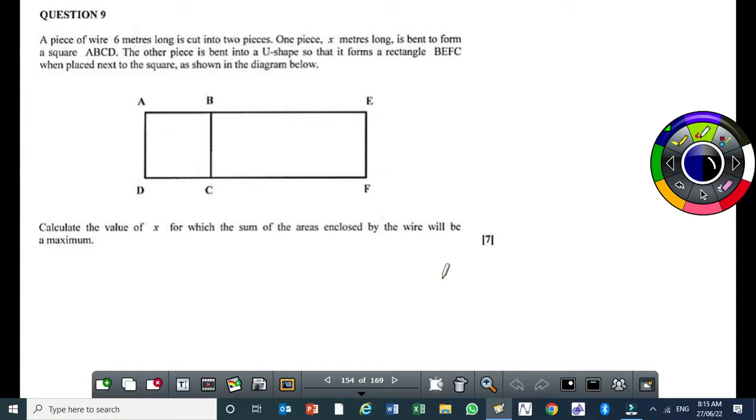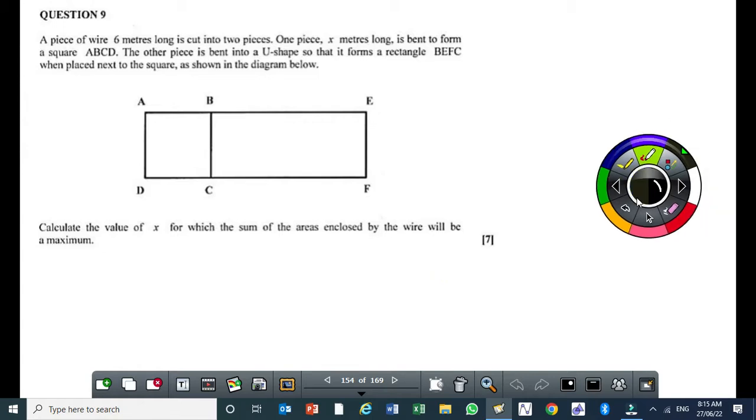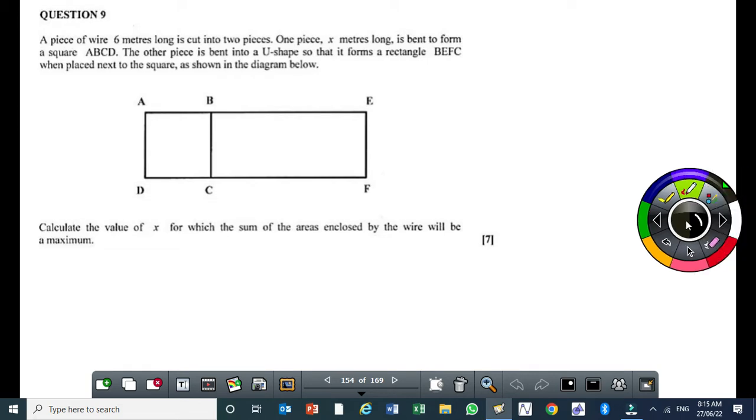So in this question, you are given a piece of wire which is 6 meters long, and it is cut into two pieces. Okay, so we've got a scenario like, let's say you've got a piece of wire like that.